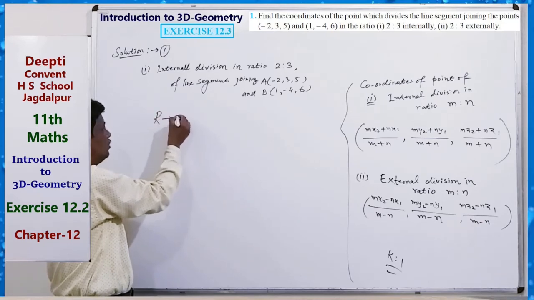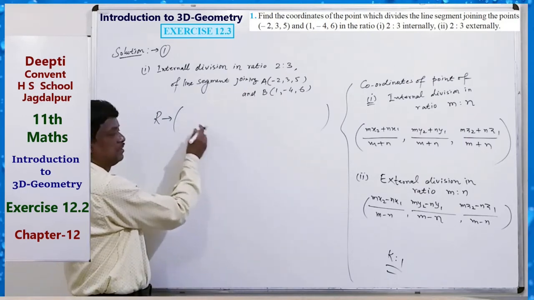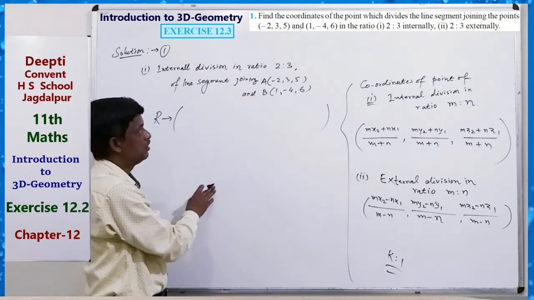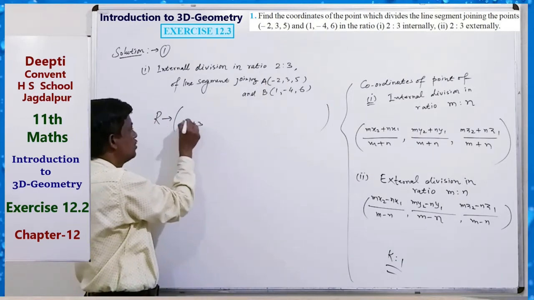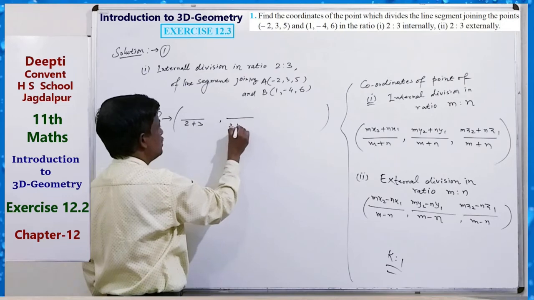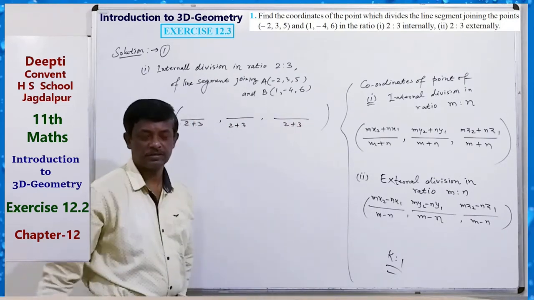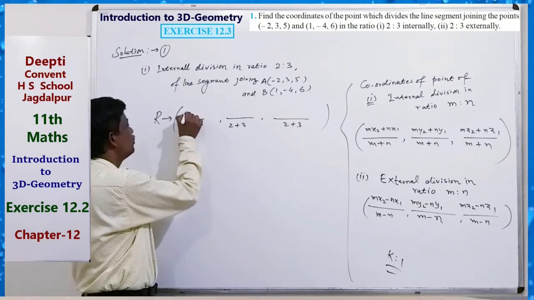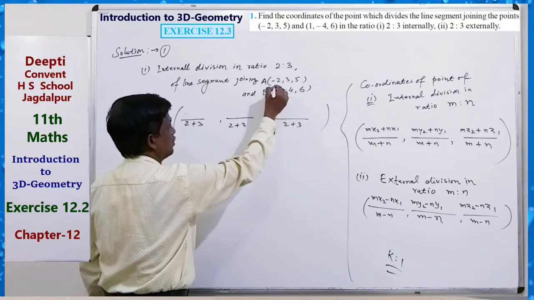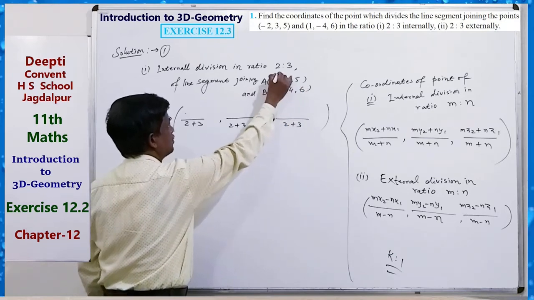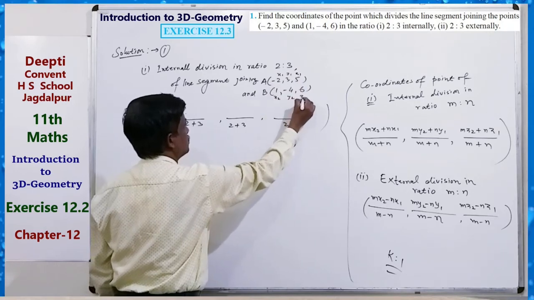R is what? Just using this formula, m plus n, so 2 plus 3. Sorry, x1, y1, z1 and x2, y2, z2.